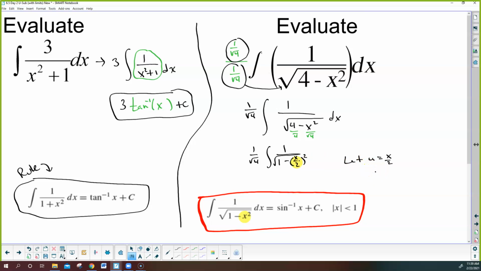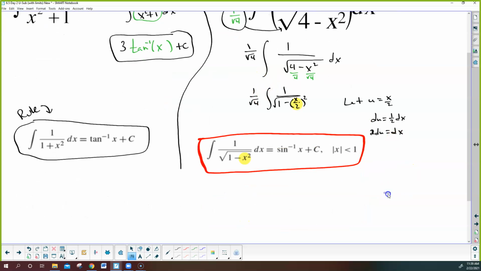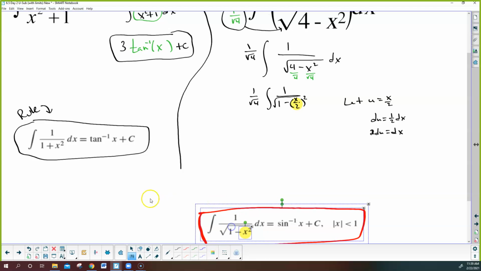And you might not be perfectly comfortable with this right now, which is fine. I just wanted to get you to start thinking about this. So this 1/2 is not part of my original problem, so I got to bring it out here and multiply by the reciprocal. And then I can have the 1 over, now notice this is really going to be 1/2 here, right?